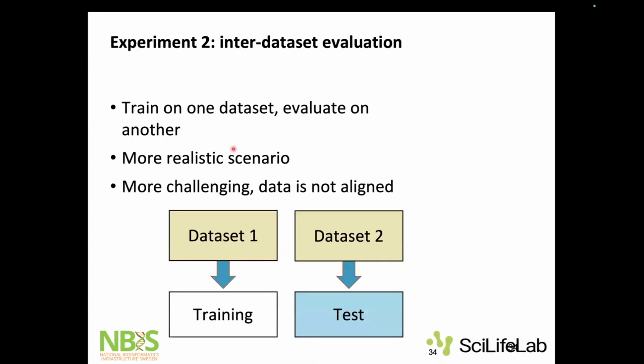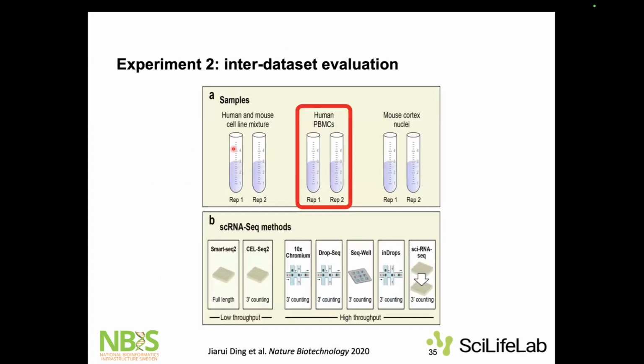Well, for experiment 2, they did inter-data set evaluation. They trained on one data set and evaluated on another. So it's more realistic. For this, they used a data set that had 2 replicates of PBMC, and they used 7 different single cell RNA-seq platforms.